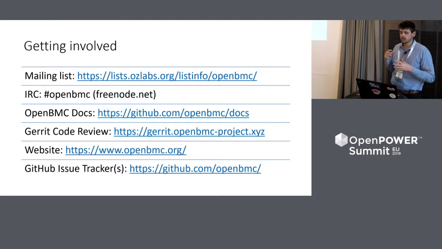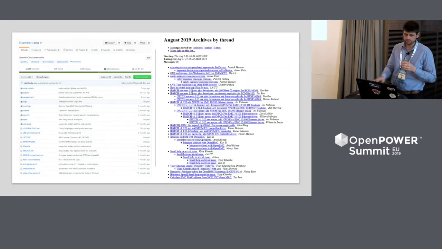In there you'll find documents for getting started. There's a link to our Gerrit code review. Go check it out. Jump in on random reviews. And finally, our website and issue tracker. The documents repository on the left side and the mailing list archive on the right.